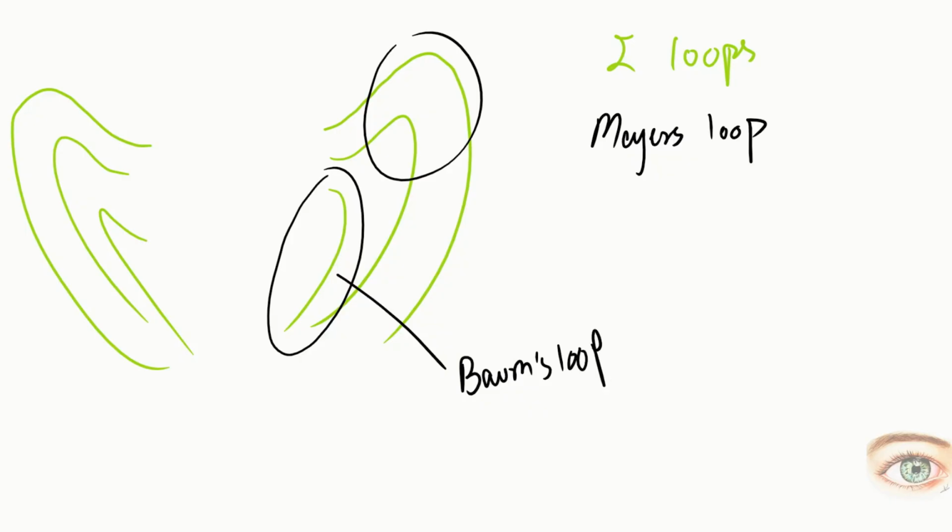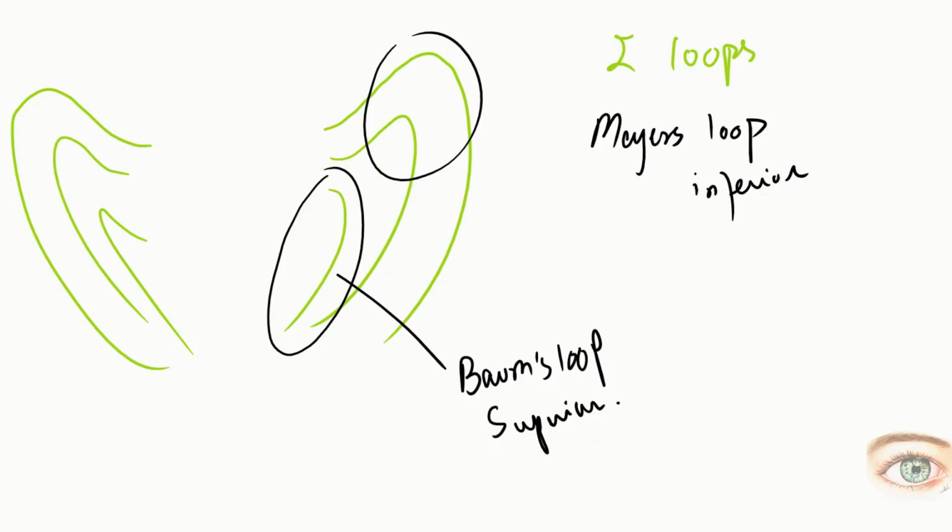Now, the Meyer's loop consists of the inferior retinal fibers, and the Baum's loop consists of the superior retinal fibers. Now, any lesion occurring on the Meyer's loop or on the Baum's loop is going to affect the visual field.